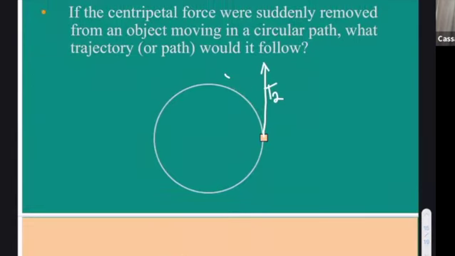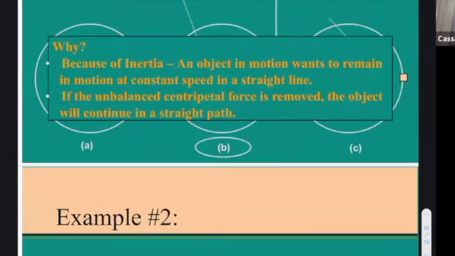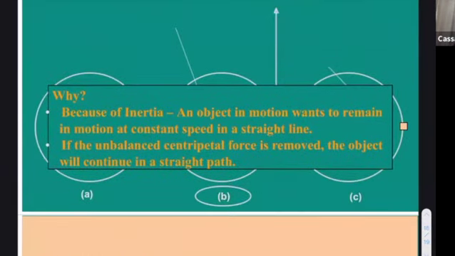It would go straight off because at that instant, you are removing the force that is causing it to travel in a circle. This is because an object in motion wants to remain in motion at a constant speed in a straight line. So if the unbalanced centripetal force is removed, the object will continue in a straight line.